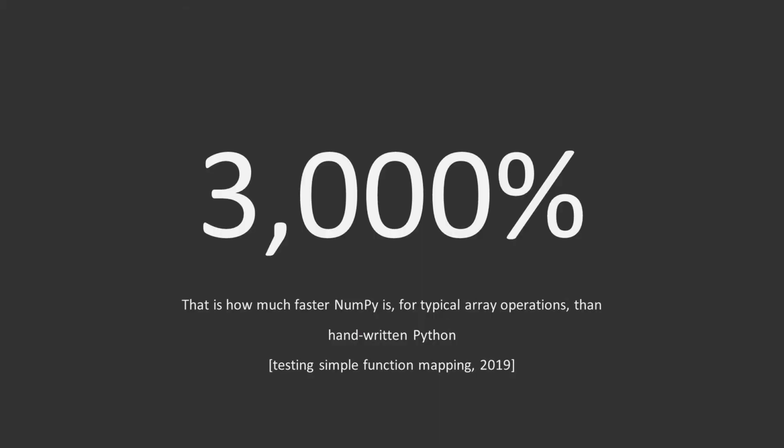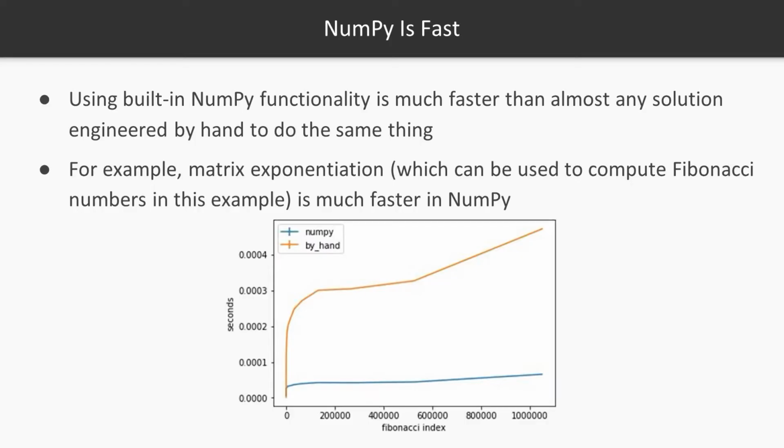Some operations in Numpy are more than 3,000% faster than doing the equivalent operation in Python. Even things as simple as applying a map operator to apply a function to each element in an array. As a simple example, Fibonacci numbers can be computed using repeated matrix exponentiation. Multiplying matrices together is something that Numpy supports.